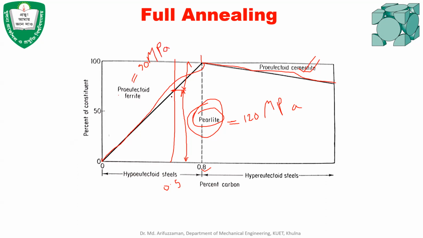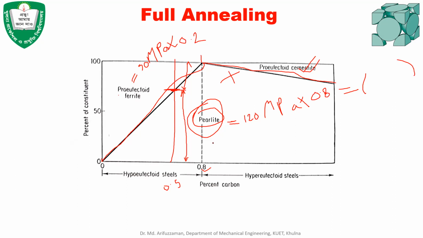Okay, so a material with, let's say, 0.2% carbon, like 20% ferrite and 80% pearlite, will have a strength of 0.88. So if you sum up these two weighted contributions, then you will get the property of the combination of ferrite and pearlite in the structure.